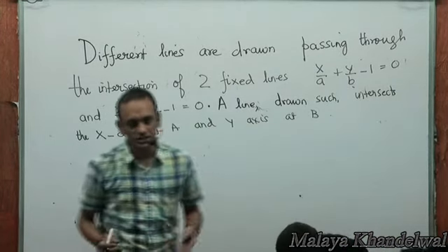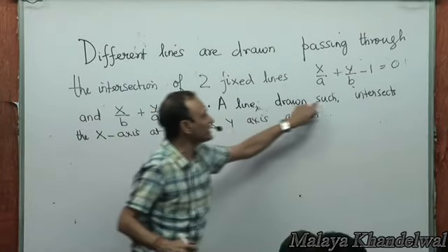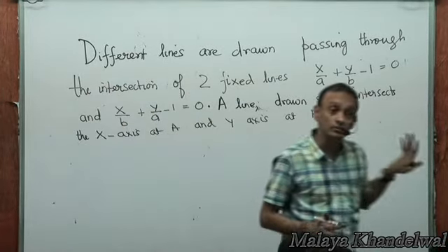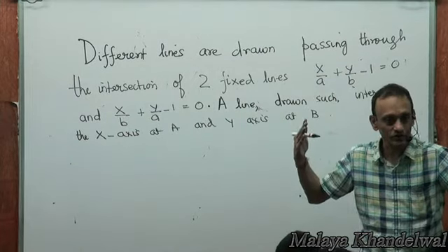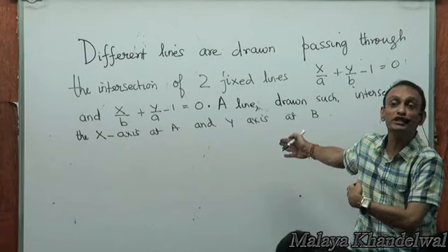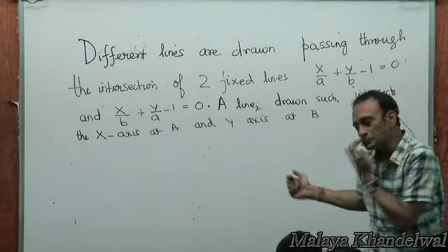Various lines passing through the intersection. Every time you draw a line passing through the intersection of these two lines, that line intersects the x-axis at A and y-axis at B. So A and B are moving points also, because different lines could be drawn passing through the intersection, leading to different intercepts A and B, capital A and capital B, right?